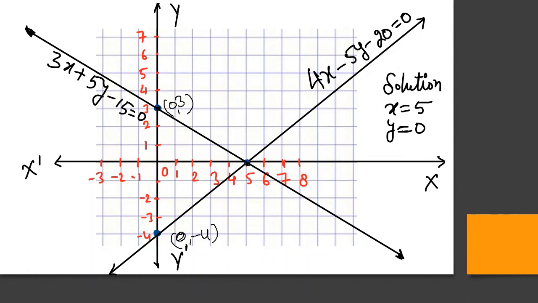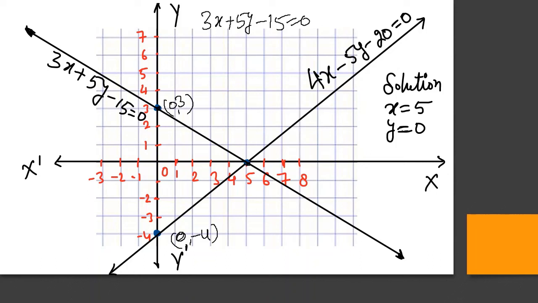One simple way I'll tell you to find these values. If someone asks you to find the point where these lines meet the x-axis or y-axis, I'll give you a direct method without drawing the graph. Suppose this line is 3x plus 5y minus 15 equal to 0, and I want to find the point where this line meets the y-axis.